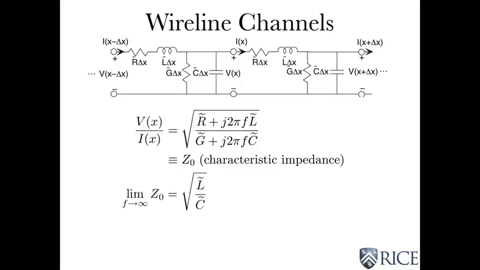And I think this is one of the most amazing results about coaxial cable and twisted pair, is that at high frequencies, the characteristic impedance, a piece of coax or twisted pair at high frequencies looks like a resistor. Notice there's no j's in there. It looks like a resistor.